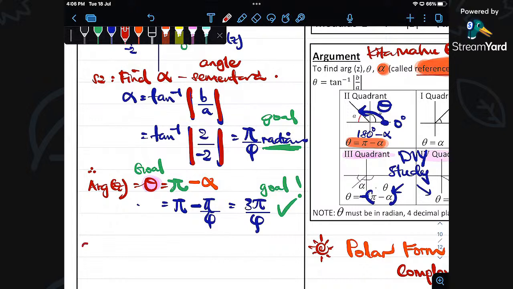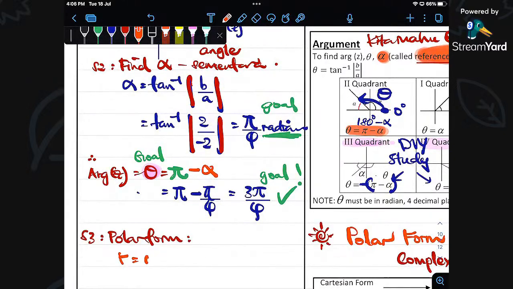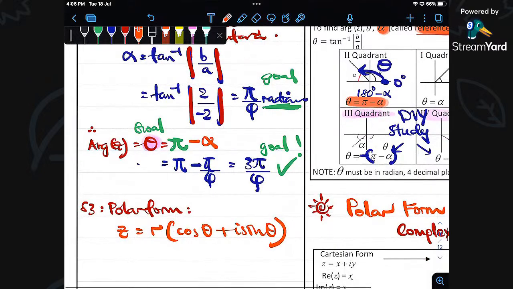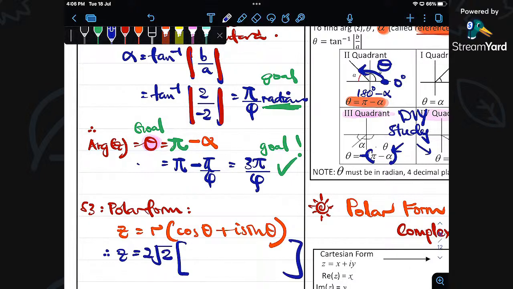And so the last step, iaitu step ketiga, writing down your answer in polar form. So polar form kena hafal formula. Hafallah sebanyak mungkin. Write down the z is equals to r times cos theta plus i sin theta. Tulis banyak kali sampai hafal. And then z is eventually equals to 2 times square root 2 in a bracket. Letaklah big bracket also can.